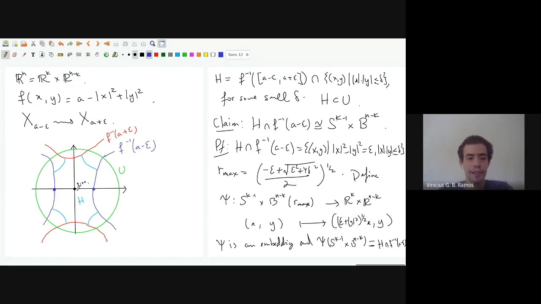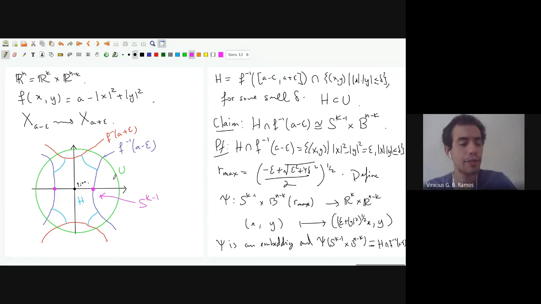So this, maybe let me draw it light blue. I don't have so many colors here. Pink. So this pink thing is an S^(k-1). And if I actually want to get the whole intersection of H with the preimage of a minus epsilon, then I have this S^(k-1) times a disk in dimension n minus k.